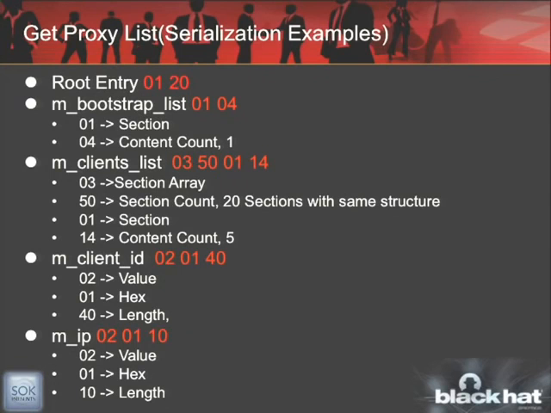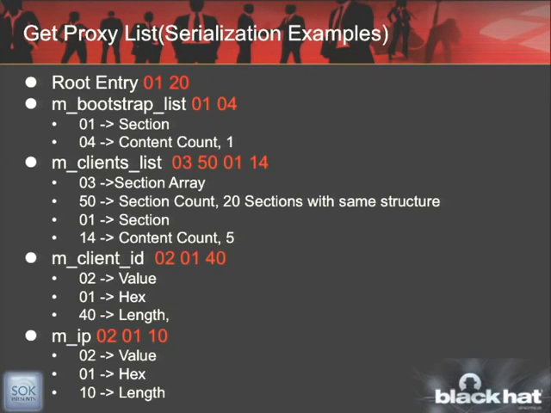So for example, the amp bootstrap list, the first one is 01, 04. That means this entry is a section entry. 04 means in this entry there's another part of the data. And the amp client list is interesting, since it uses a section array. 03 means section array. 50 means there are 20 data parts with the same structure under this entry. So 01 means a section entry, and 14 means that under this entry there are 5 parts.